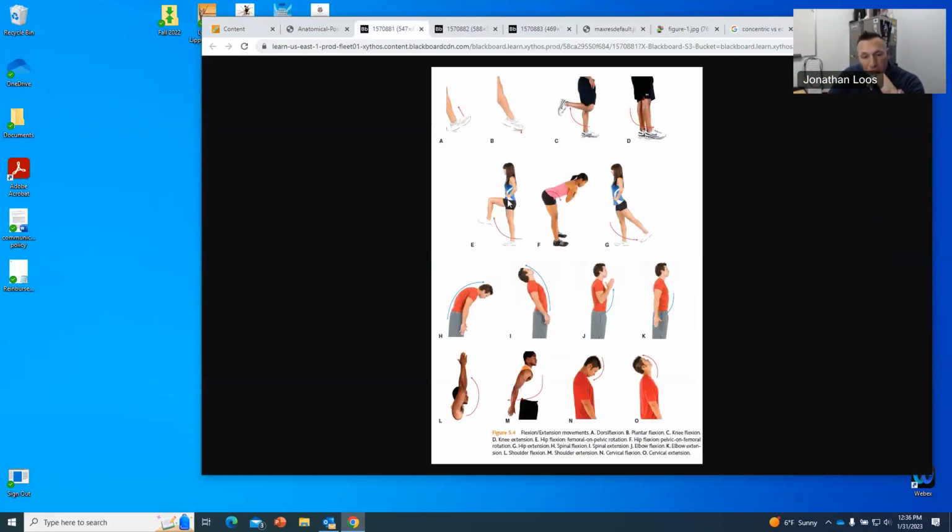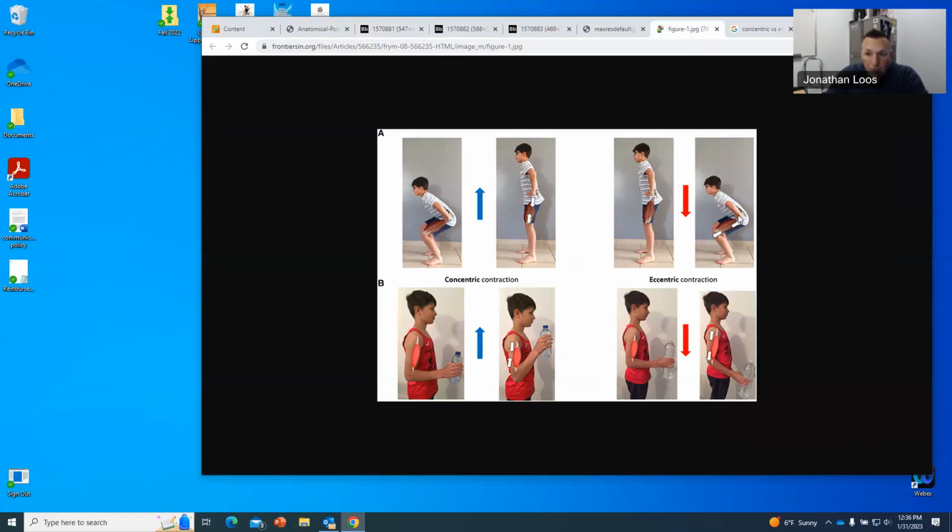Just because you see a joint action doesn't mean that's the muscle that's participating. That's where most of you got things incorrect in the movement assessment. You automatically want to tie it together: when you see someone doing hip flexion or knee flexion or ankle dorsiflexion or elbow extension, you assume that it's the muscle extensors, the elbow extensors, doing the job, and that's not correct.